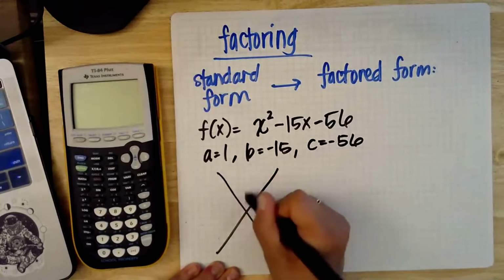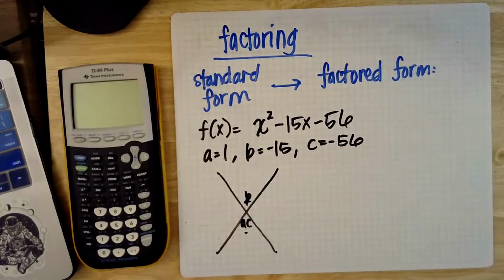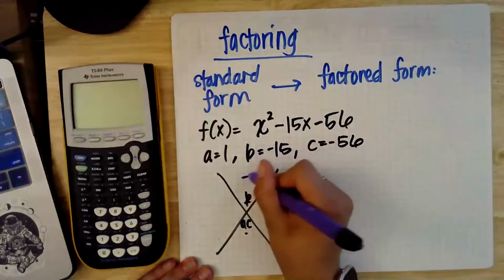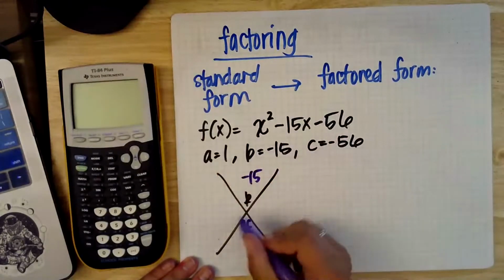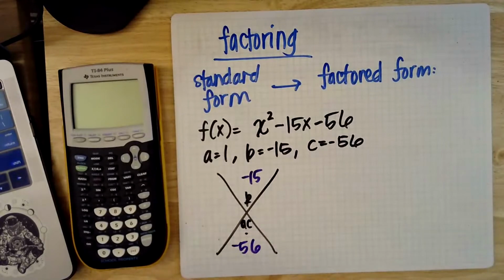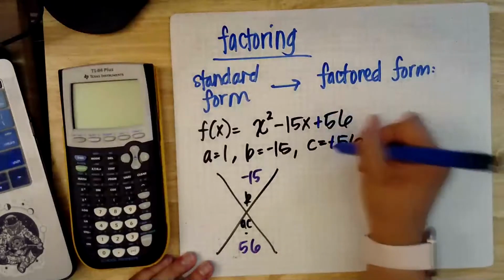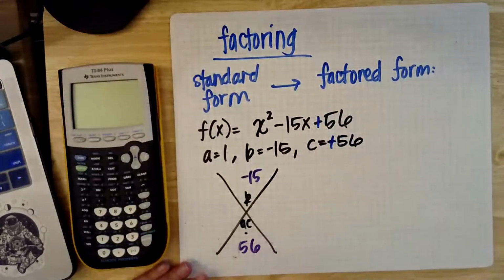I must play that game, b plus ac dot, I always label. So what's my b? Negative 15. 1 times negative 56 gives me negative 56. Actually, I'm going to make that a positive 56.